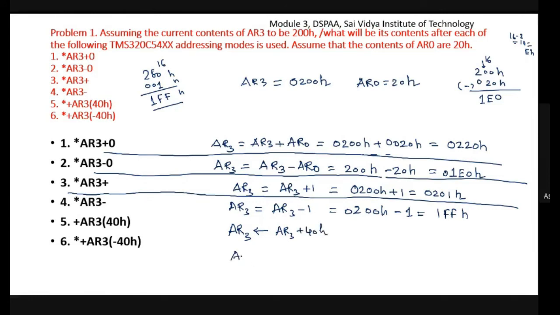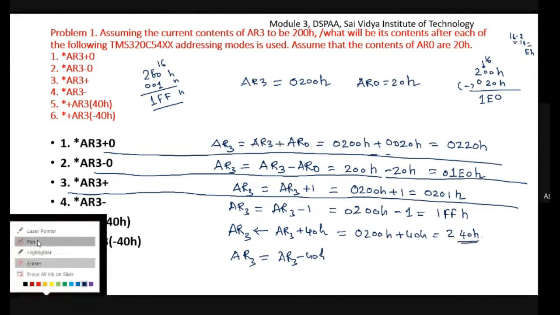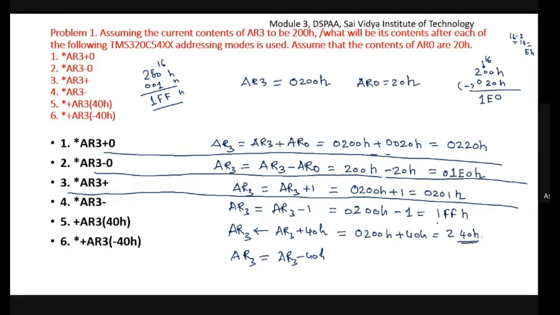In the other case, AR3 is equal to AR3 minus 40H, in hexadecimal. So here what is going to happen? AR3 is 0200 hexadecimal plus 40 hexadecimal. Easily you can write, so now 240 hexadecimal is the answer.